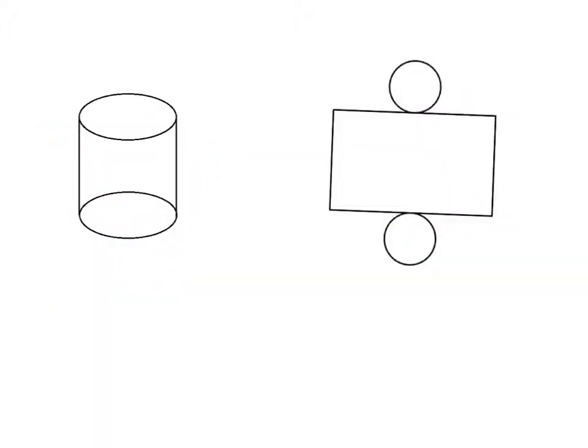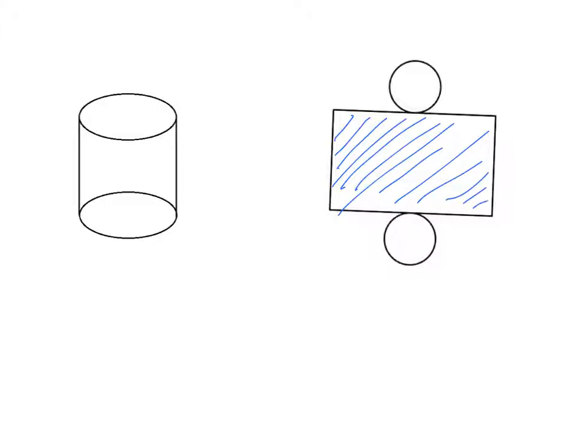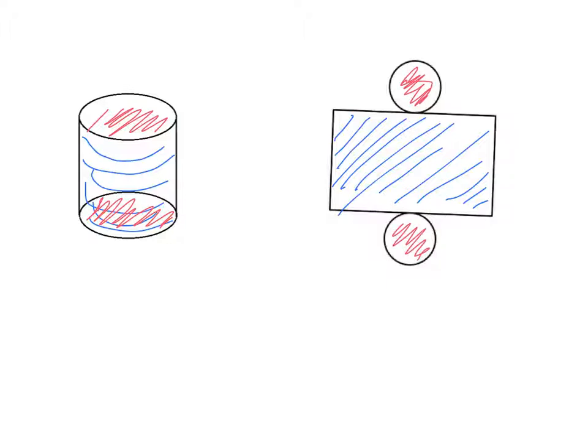Okay, so now we're ready to find the surface area. And just a reminder, the surface area is the lateral area, so that's that part here, which I'm shading in blue, plus the area of the bases. So the bases in this case are both circles. All right, so let's write that down.